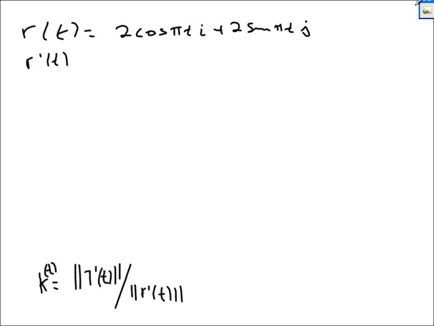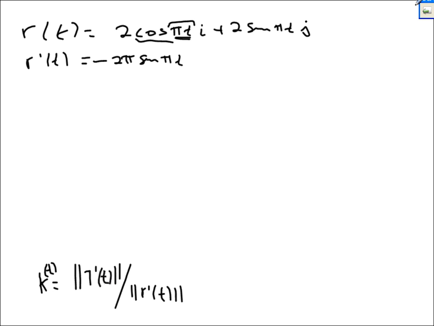That's k of t. Then we'll plug in the value for t, which in this problem, well actually not even, they want us to do this in general. So r prime of t is, well there's the 2. The derivative of cosine of any angle is negative the sine of the angle times the derivative of the angle.